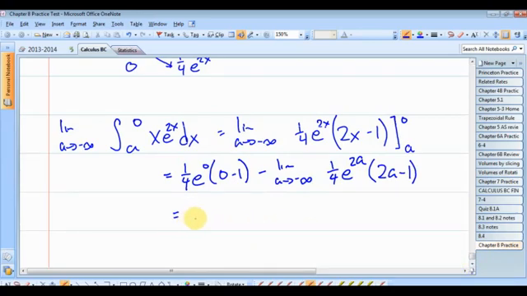This is equal to negative 1/4 minus the limit as a approaches negative infinity. Now, I'm not sure what to do with this. What happens here? We have infinity. No, we're going to negative infinity, right? Yeah. So e to the negative infinity goes to 0. This goes to 0. This goes to negative infinity.